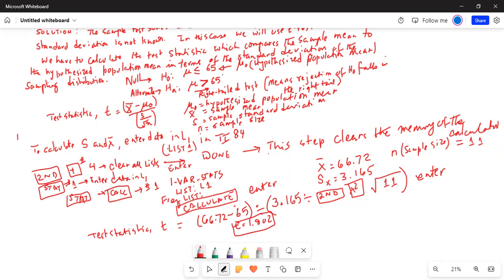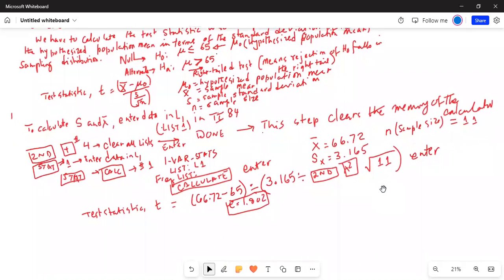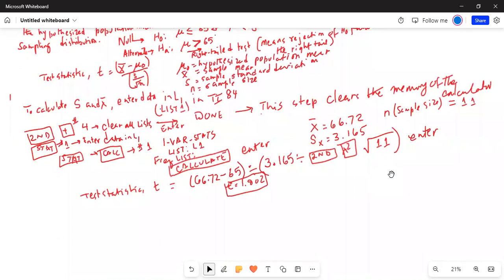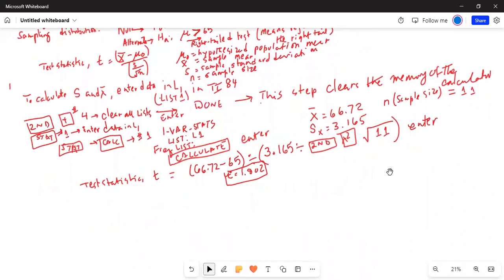Okay, the question is, what is the probability? So I will write everything down. Let me create some space by moving this up. Okay, let me go back.